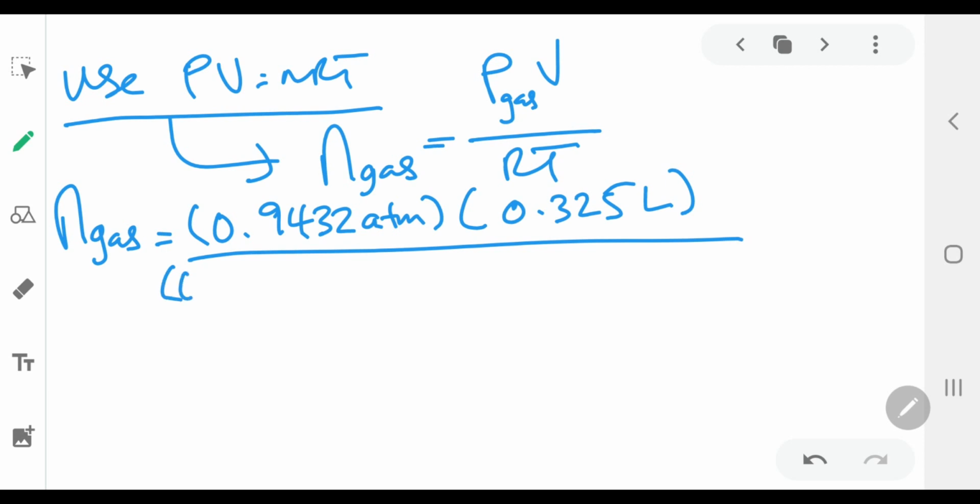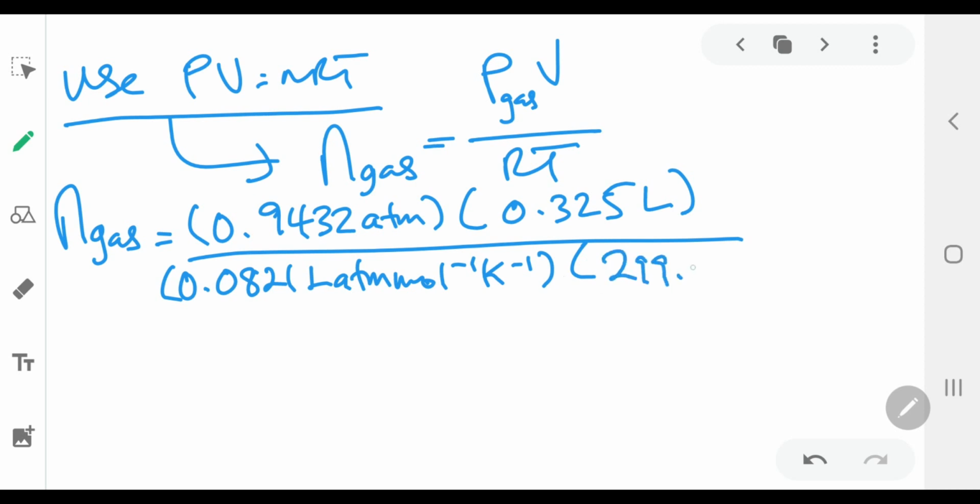The R value is 0.0821 liter ATM per mole per Kelvin, and the temperature is 299.15 Kelvin. You can cancel liter and liter, atmospheric pressure, Kelvin and Kelvin, and then you have mole.